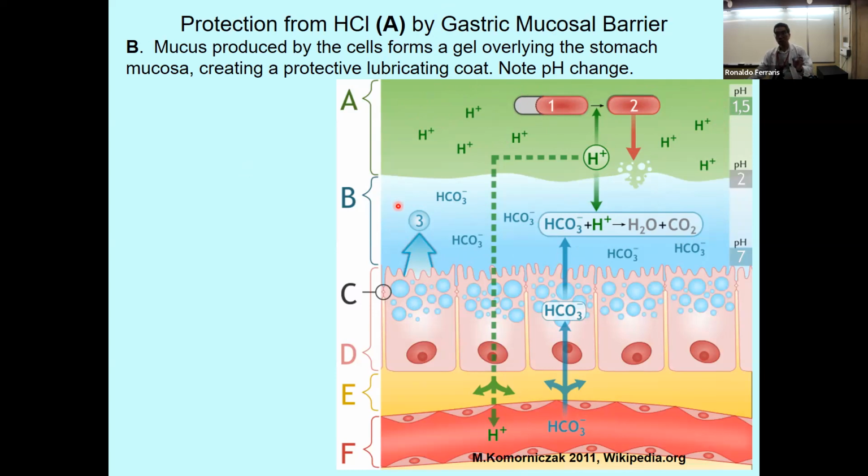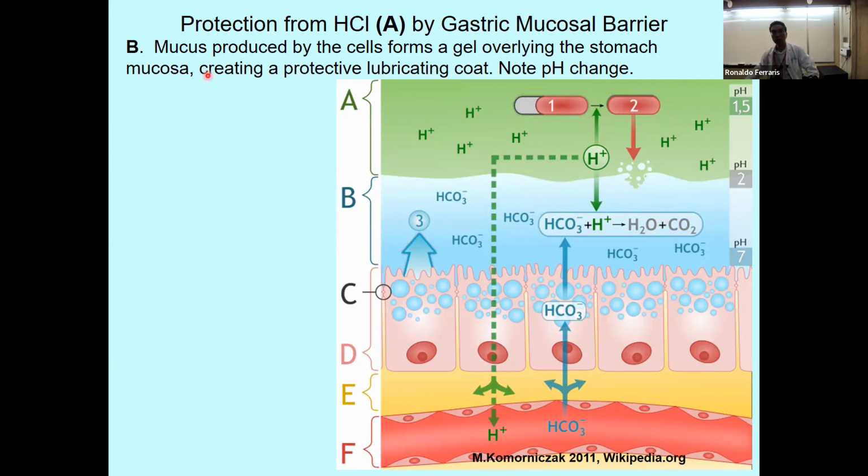You have your surface mucus cells and your mucous neck cells making copious amounts of mucus proteins. What they do is they protect the gastric mucosa from its own secretions. They overlie it like a gel. So a normal person who's actively eating doesn't digest their stomach wall, because a lot of it is due to the mucus, and of course to the regulatory mechanisms we just talked about.